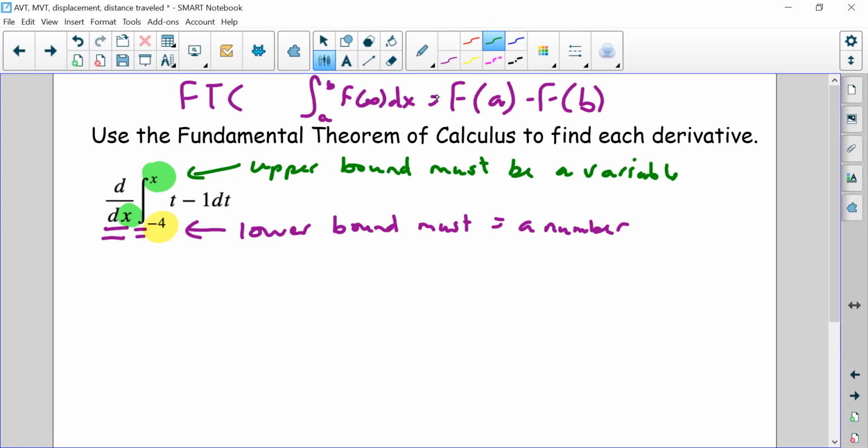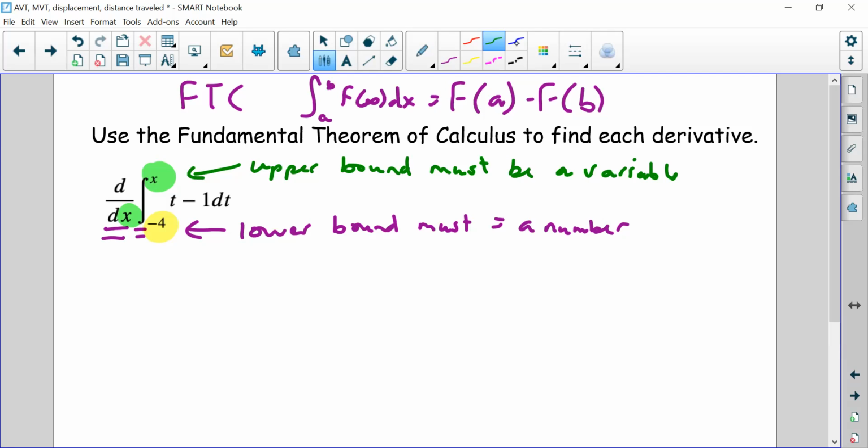I love this theorem because I don't care what the lower limit is, because it disappears. When I integrate this, I do my antiderivative, evaluated from x to -4, and so the -4 just disappears. When I take the derivative of that, it's just going to become 0. And then when I take the antiderivative, it gets us back to our original function.